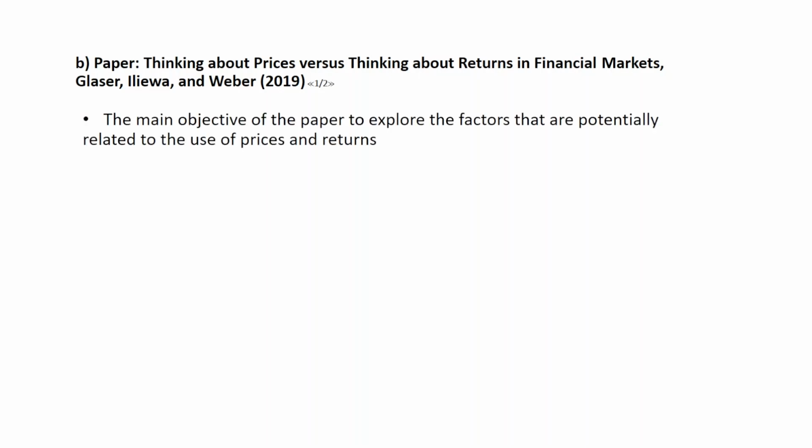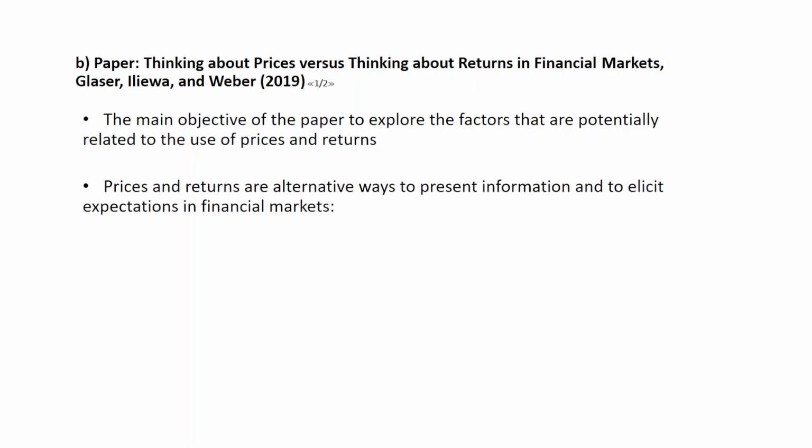The main objective of their paper was to understand what would influence this choice of using prices to forecast the stock market performance rather than returns, for instance. As we just said, prices and returns are alternative ways to present information, and they should be used in the same way.